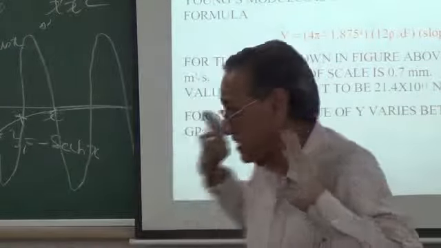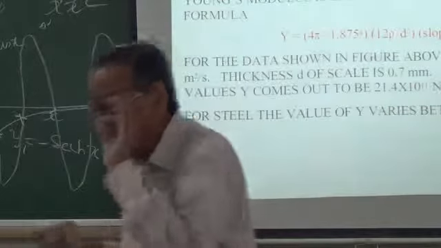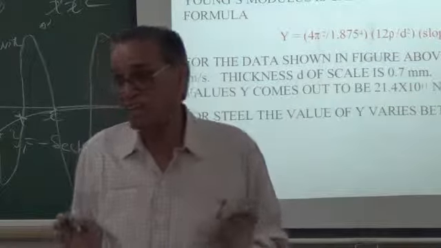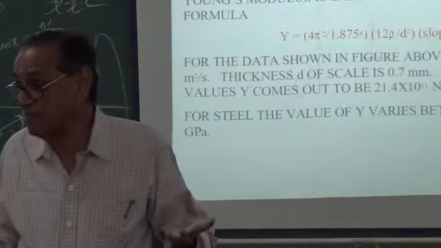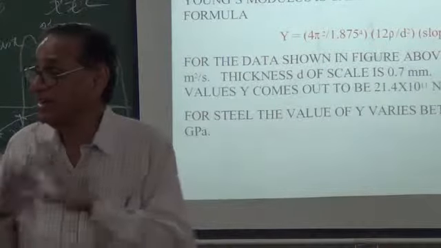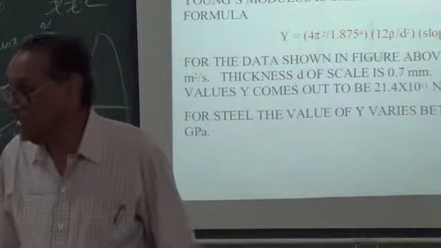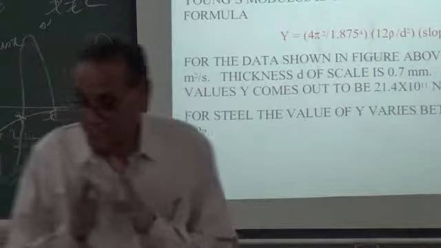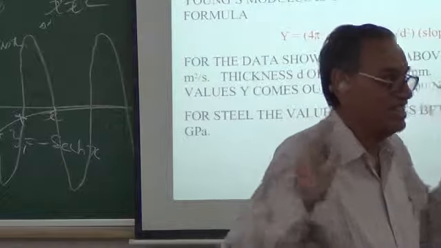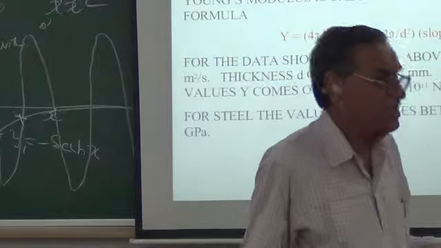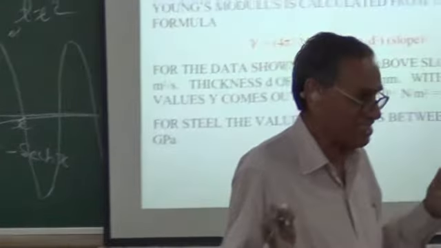Measurement of frequency is much more accurate. Even when you apply a very small load, your depression will be very small. You can't measure it very accurately. But resonant frequency, you can measure very accurately. So a dynamic method is always the preferred method for measuring elastic constants. It is widely used in research.